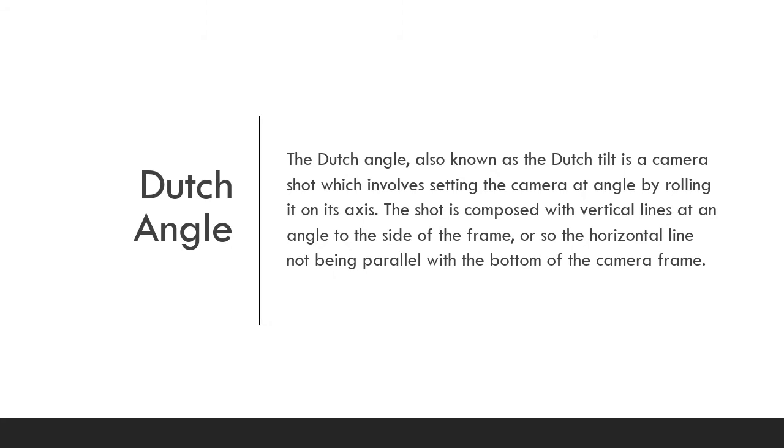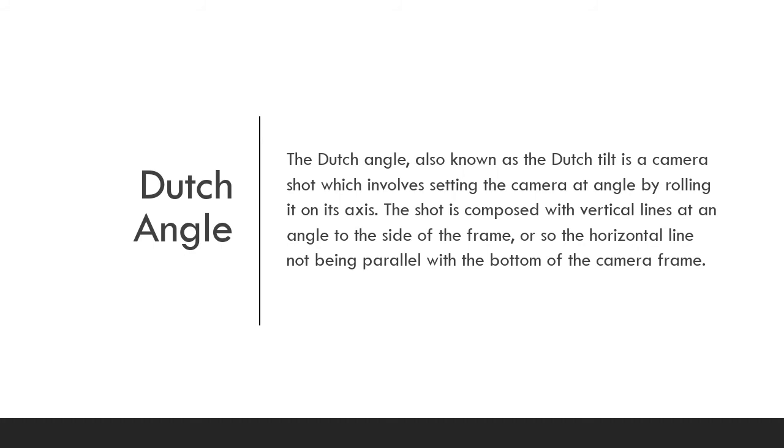A Dutch angle shot, which is known as a Dutch tilt, is a camera shot which involves the setting of the camera at an angle by rolling it on its axis. The shot is composed with vertical lines at an angle to the side of the frame, or so horizontal lines not being parallel with the bottom of the camera frame.